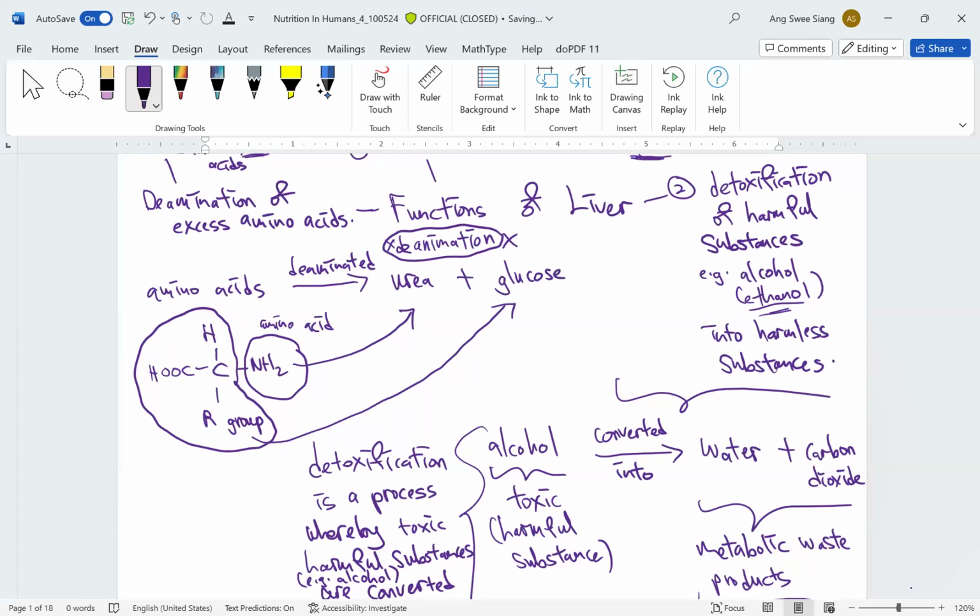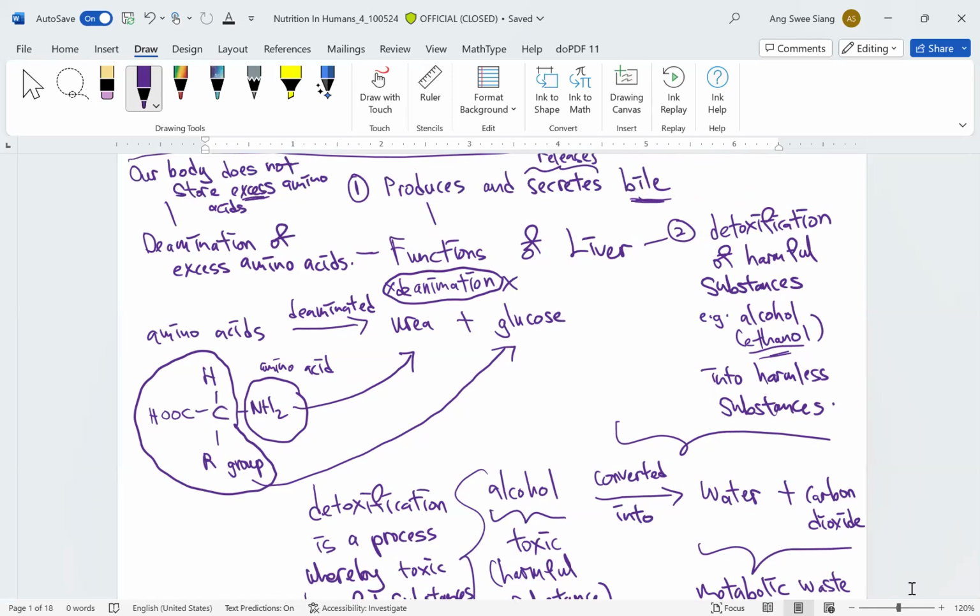Then the remaining part of the amino acid will be converted into glucose. So this is the third function of the liver.